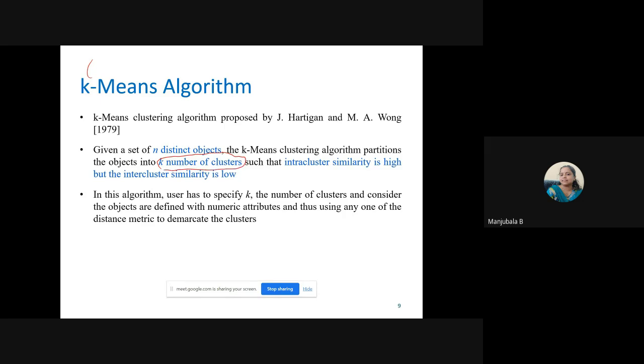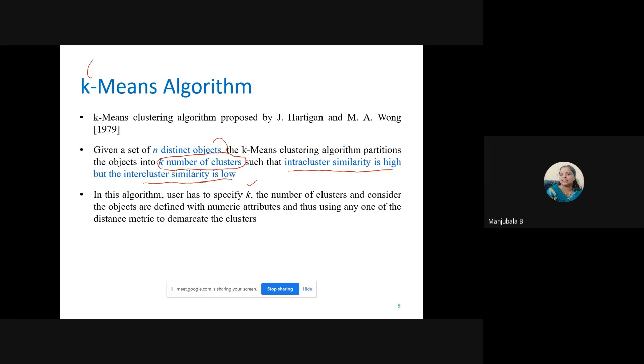So n distinct objects you are partitioning among the k clusters. As I told in the previous slide also, you have to take care that intra-cluster similarity should be high and inter-cluster similarity should be low. The user has to specify the k value, and again it depends upon the problem domain.